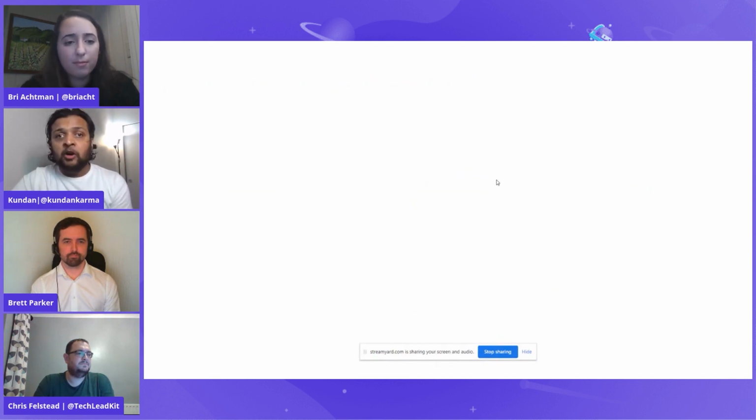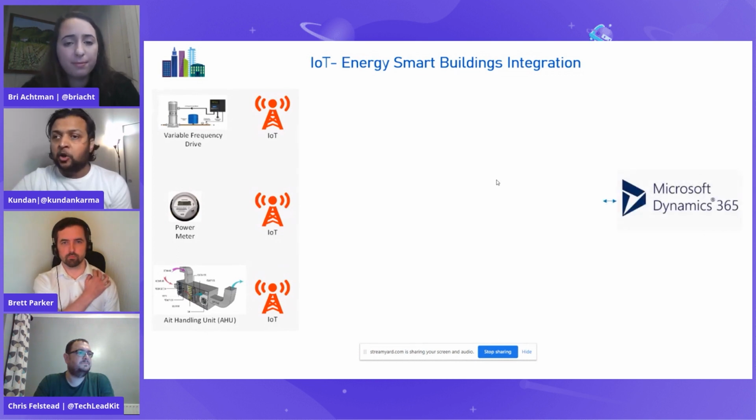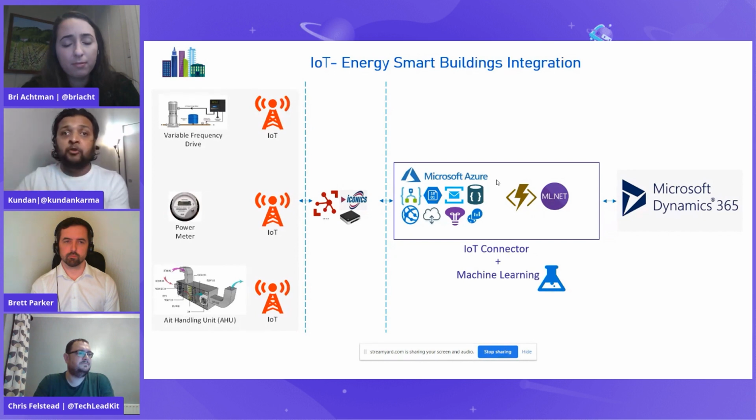Let me show you the changes we made to our integration. This is the HVAC devices, IoT cube, and our facility link on Dynamics 365. In the connector, we introduced the ML.NET machine learning model, which mimics the behavior of a technician. Whenever a fault is received, it first reviews the fault and identifies whether it should be converted into a work order or not.